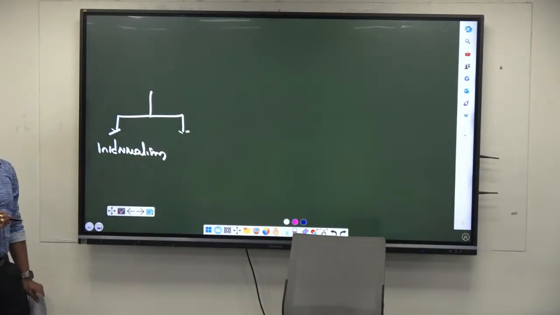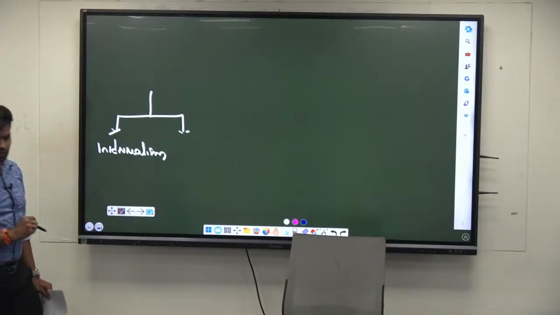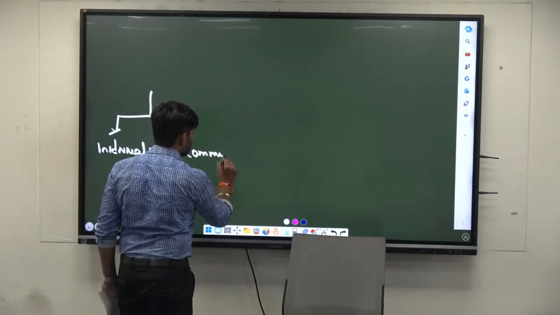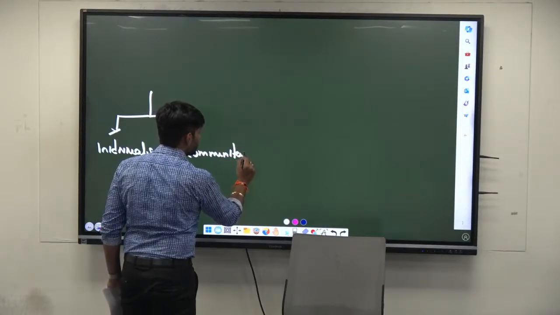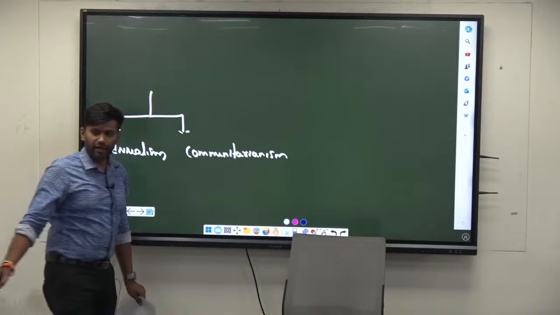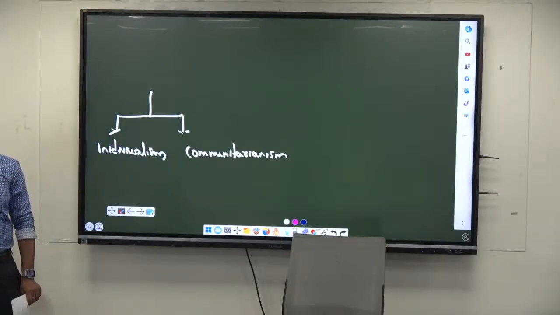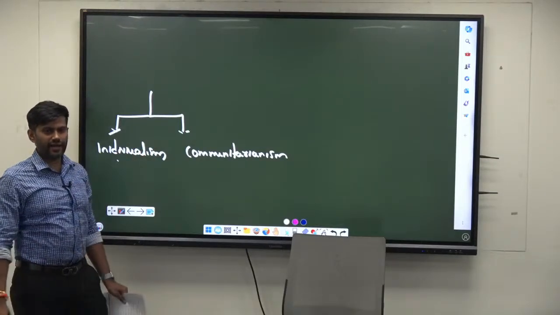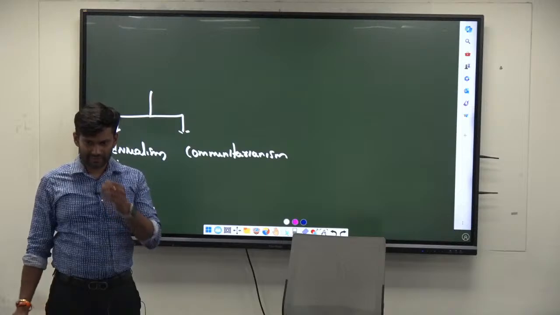So one school of thought is individualism. The other school of thought is communitarianism. Not communalism, communitarianism. So what is the difference between individualism and communitarianism?